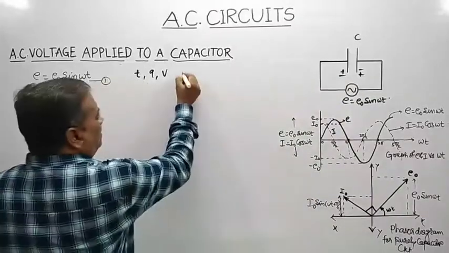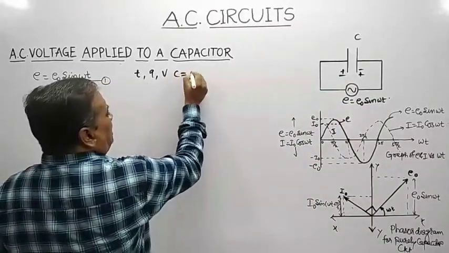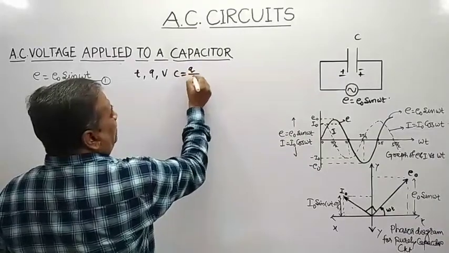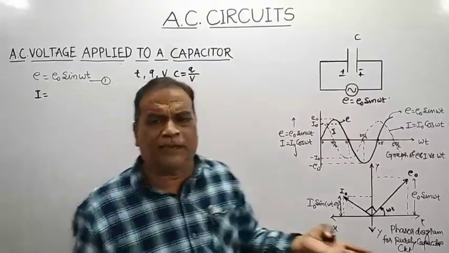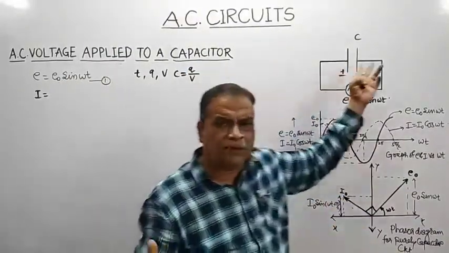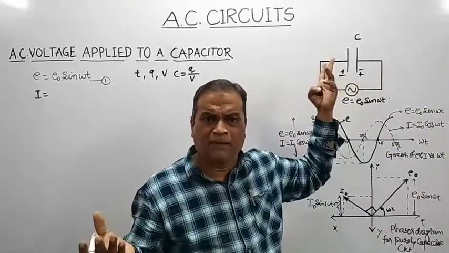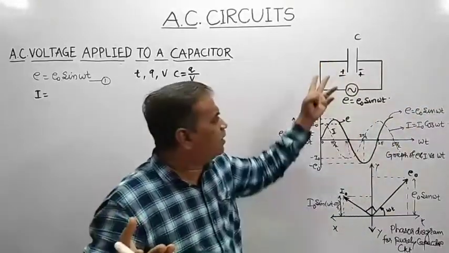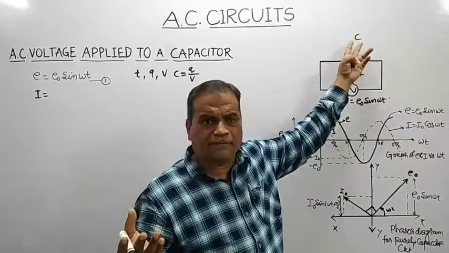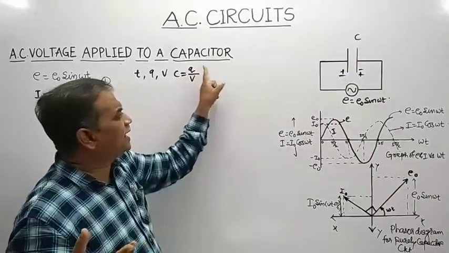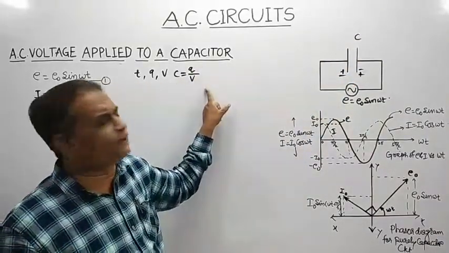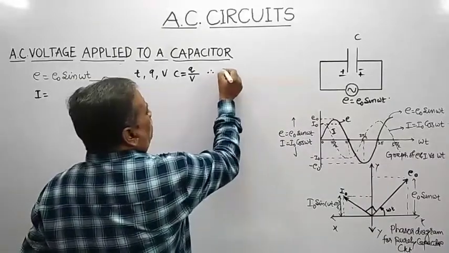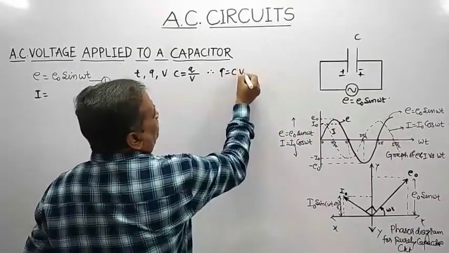Then by definition, capacitance C is equal to the charge deposited divided by the potential difference. Therefore, Q is equal to C into V.